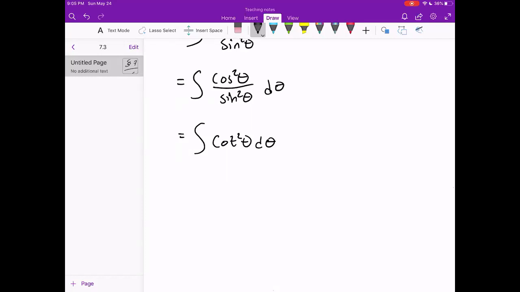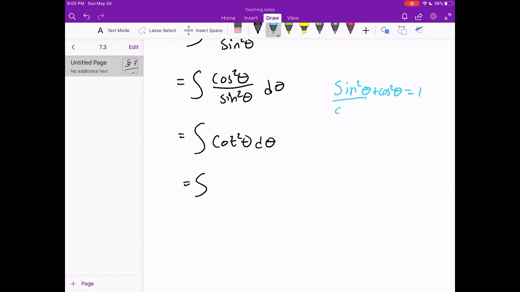We don't know what that is off the top of our heads, but we have an identity. With this identity, sine squared theta plus cosine squared theta is equal to 1, we can get all the other identities that we need.